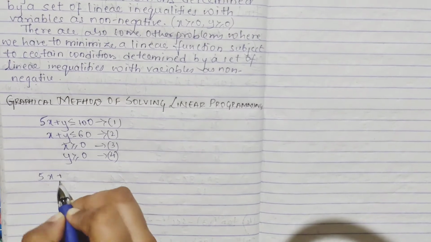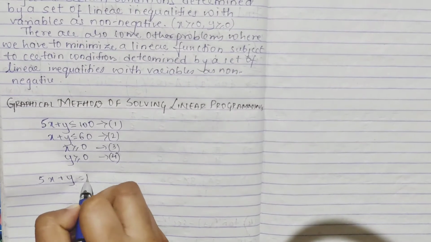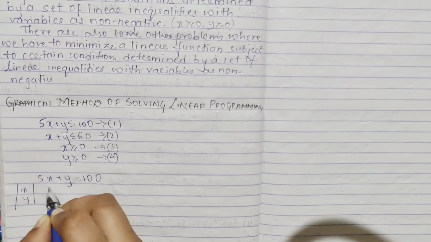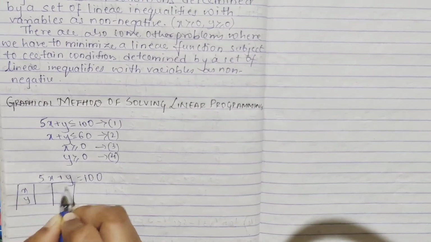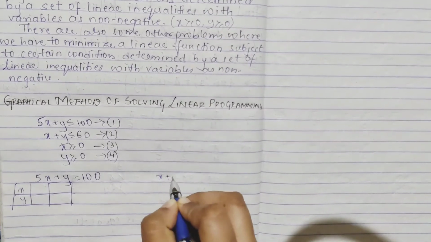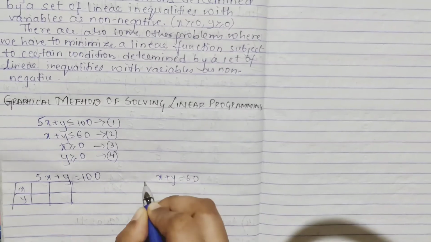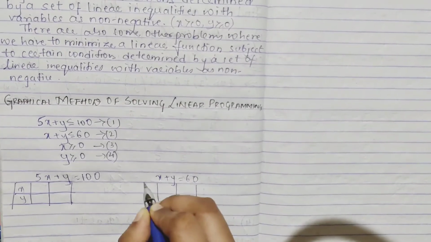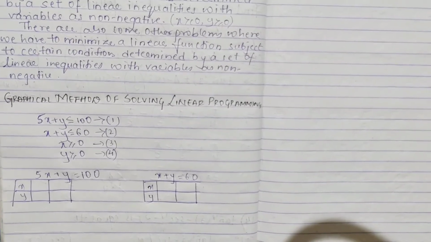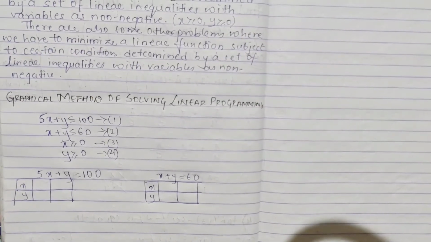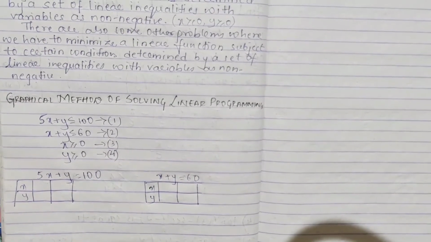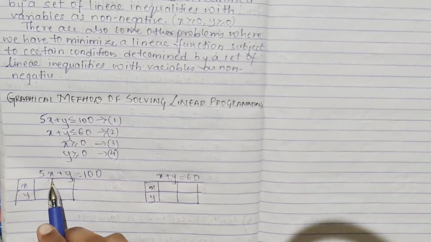Now we will take 5x plus y is equal to 100. So we will find our x, y values, any two values. For this equation and for this other equation, x plus y is equal to 60, here also we'll find x, y values. So if I put x is equal to 0, y will be 100, too big.